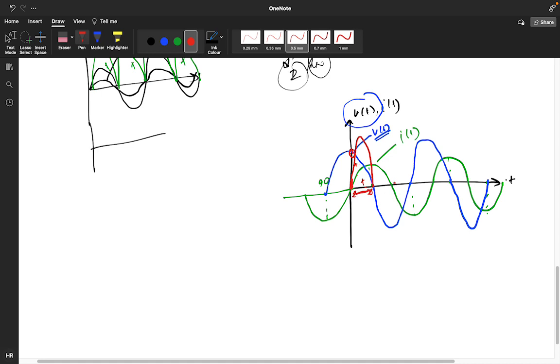Now this is positive, this is negative, so the power will be negative. Now this is negative, this is negative also, so power will be positive. Now positive, negative, again power will be negative.